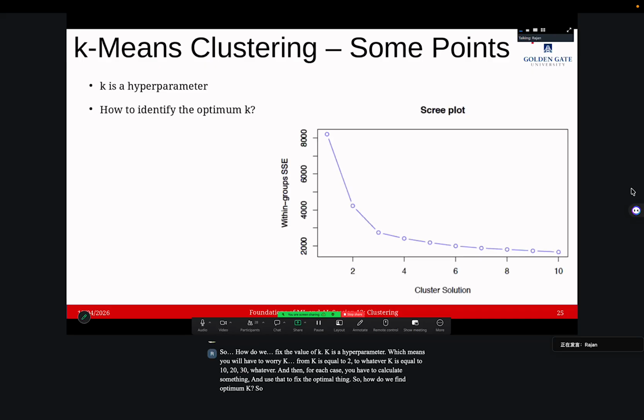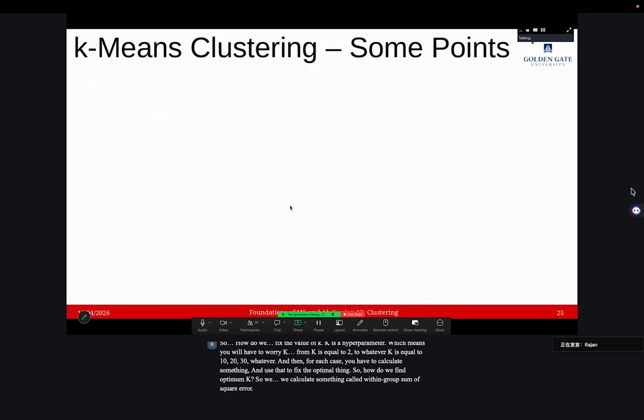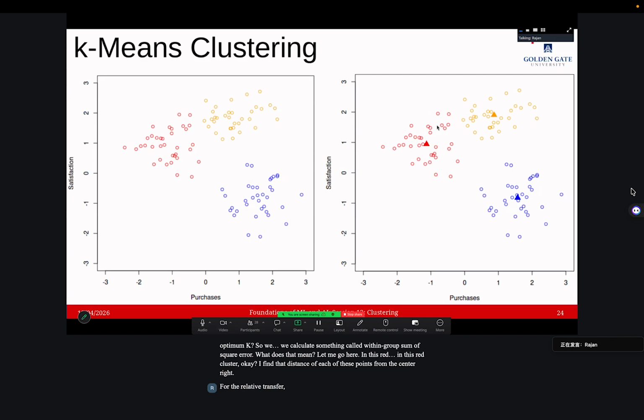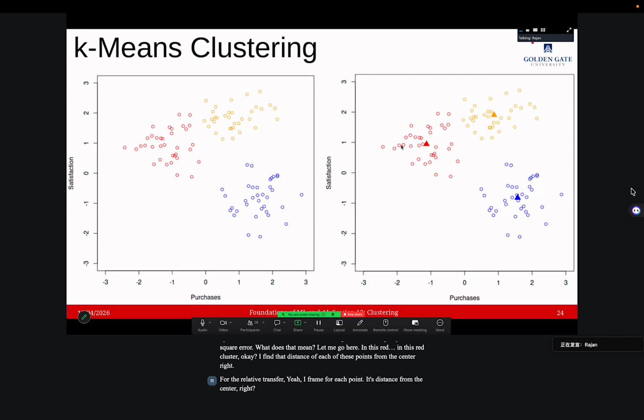We calculate something called the within group sum of squared error. What does that mean? Let me go here. In this red cluster, I find the distance of each of these points from the centroid, square that.